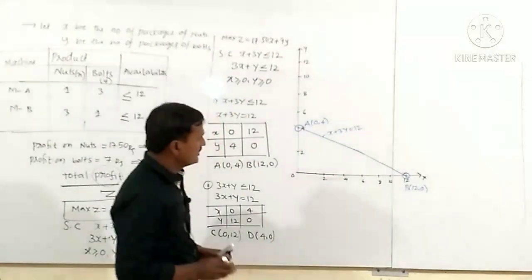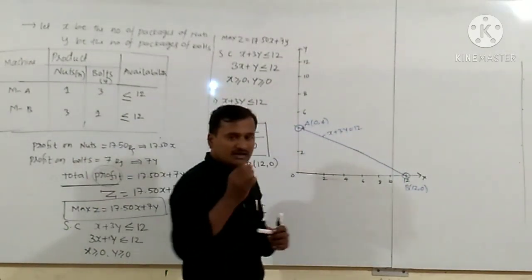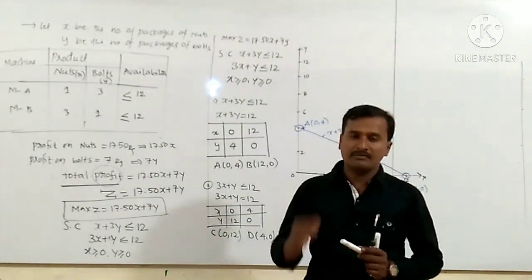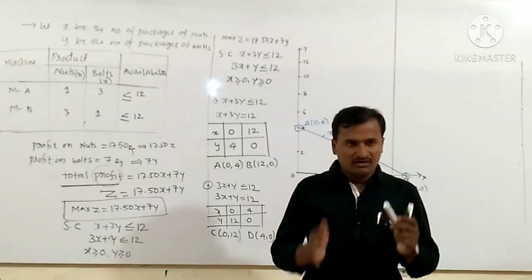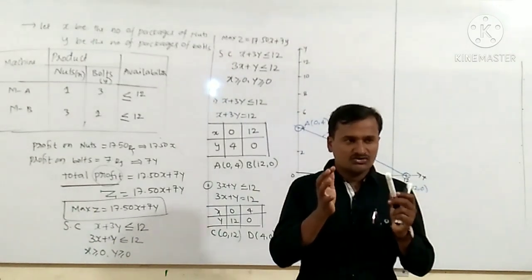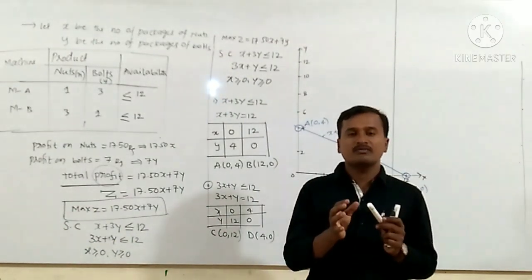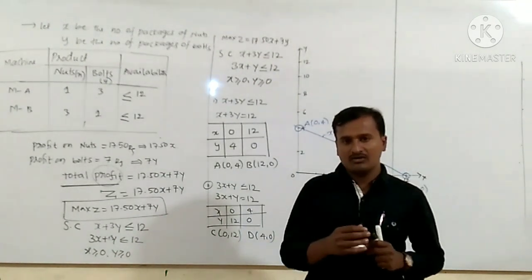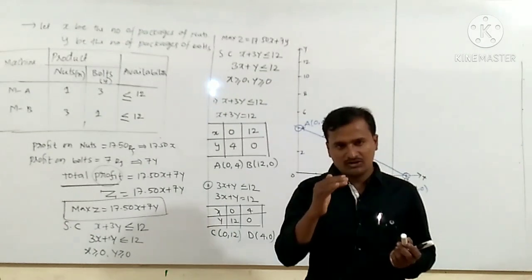While solving a system of linear inequalities by the graphical method, we show the solution by shading a portion. If it is less than or equal to, then we shade towards the origin.